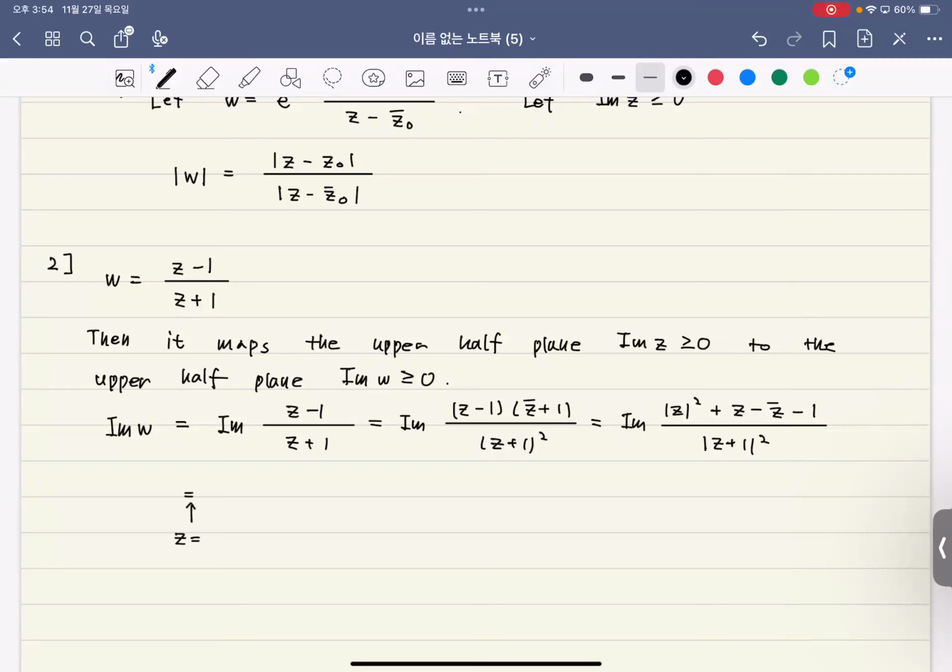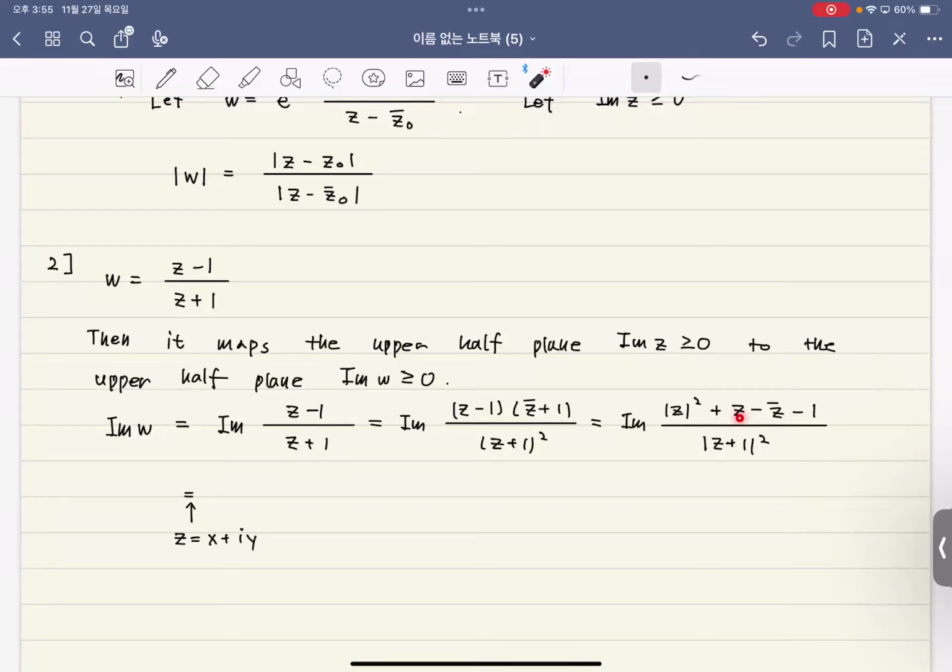As always, z is x plus i times y. Since we are only looking for the imaginary part of this complex number, this is always a real number, right? And this is also a real number. So these two guys are out of consideration.